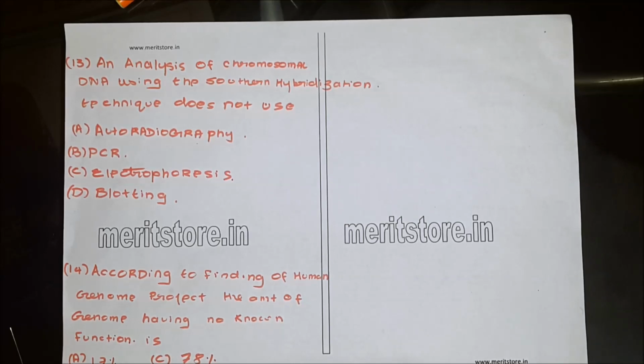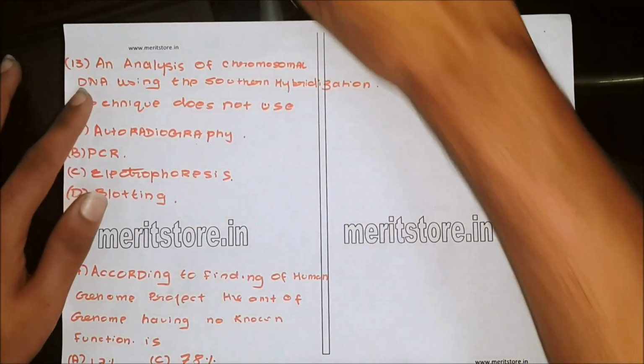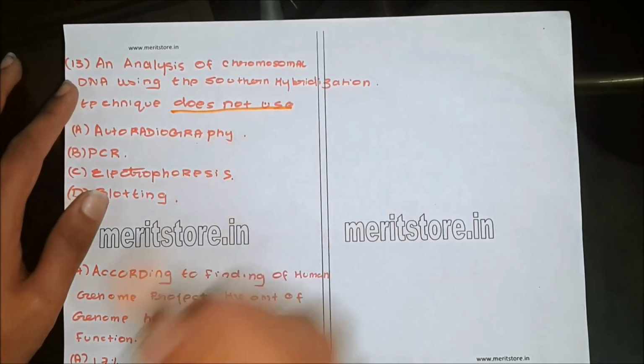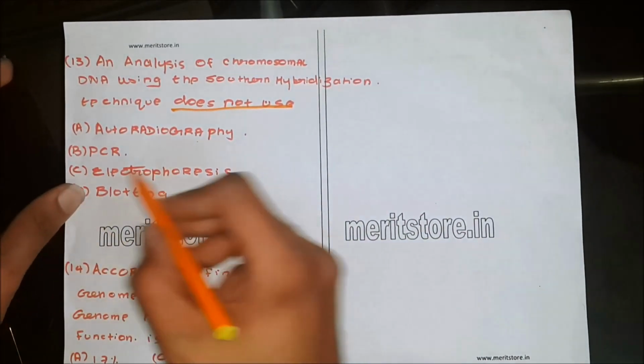So autoradiography as well and blotting and electrophoresis are basically used, but the question says which of the following is not used. So the answer would be B, PCR.